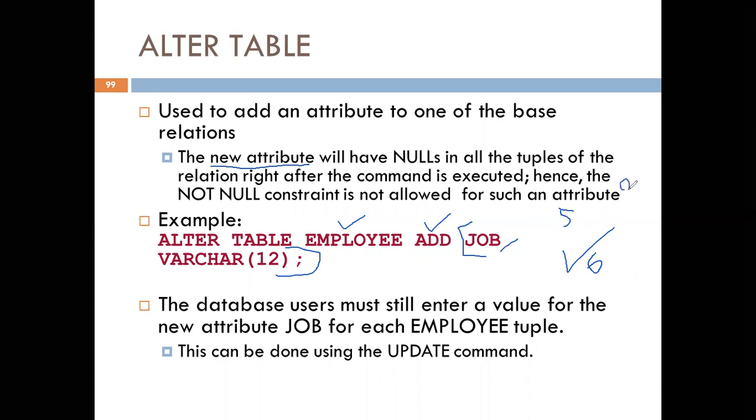But what about the remaining 5 which I have already inserted? For them, we can enter the data or give a value using the update command. Again, we can also specify default values, and if you want, not null can be specified as part of constraint specifications.